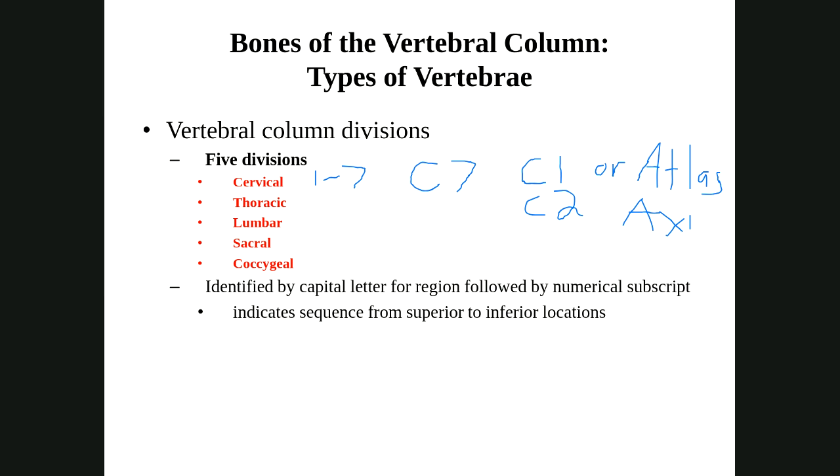The last vertebra in your spine will be in the lumbar area, and that would be L5, because there's 5 vertebrae in the lumbar spine. So that's how we name it. We always use the first letter of the region and then the number of which vertebra we're talking about.